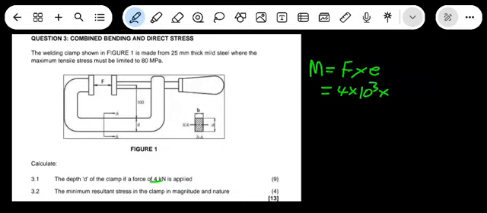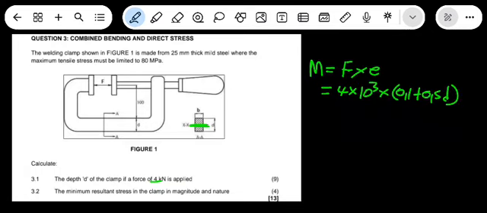The eccentric distance is from where the force is applied to the center of this section. So the eccentricity equals 100 mm, which is 0.1, plus d divided by 2, which is 0.5d.